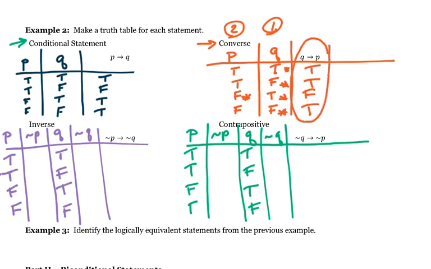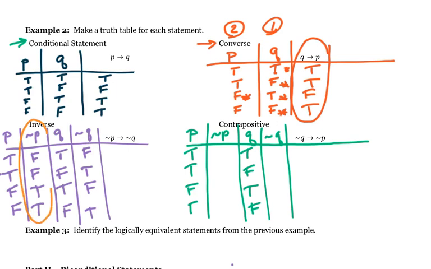We're going to do the same thing for the inverse. The traditional conditional statement is if P then Q. The inverse is if not P, then not Q. So I've written my truth values for P and for Q, but now I need to do not P. Not P is going to be false, false, true, true, because it's just the opposite of what P was. And for not Q, I get false, true, false, true. Okay, so I'm going to circle these in orange.